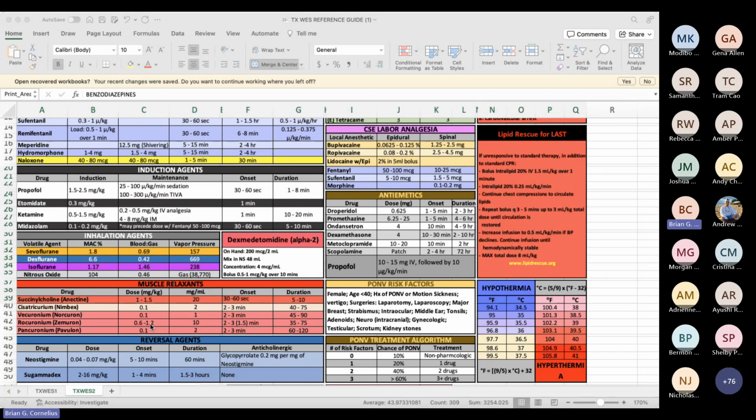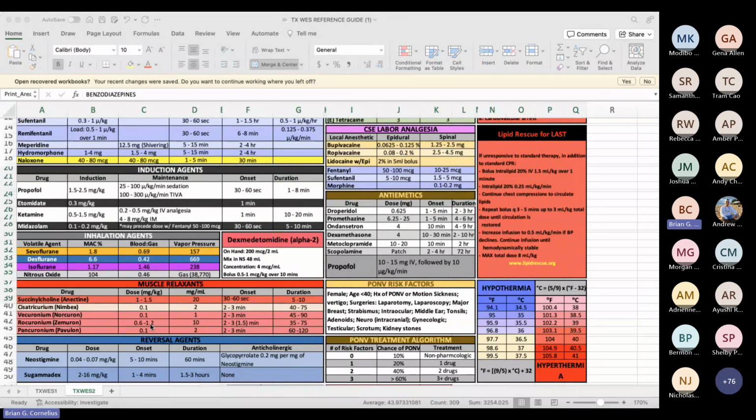Things for you to think about as far as one gas versus another, the type of case and how you're employing it. So if you've got somebody that's got a little bit more reactive airway, sevoflurane may be good, DES may be bad. If you've got somebody that you're doing a mask induction on, like a kid, sevoflurane may be good.